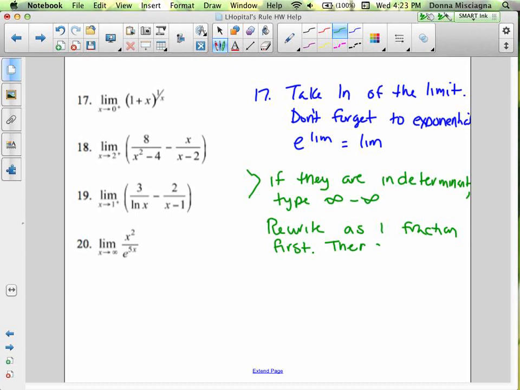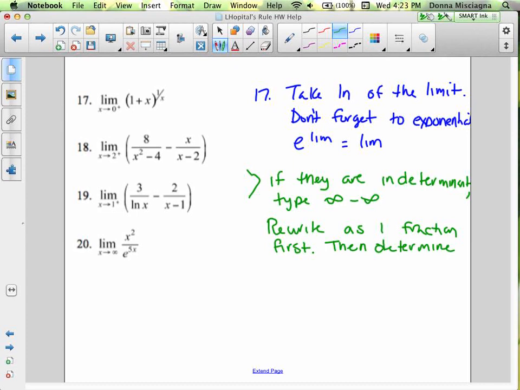then determine if it's indeterminate. It's hard to look at a limit of infinity minus infinity and notice right away that it's indeterminate. But if you rewrite it as one fraction, then you can see. It's a limit as x approaches 2 from the right and as x approaches 1 from the right. So if it's indeterminate, it's going to be 0 over 0 type when you rewrite it as one fraction.